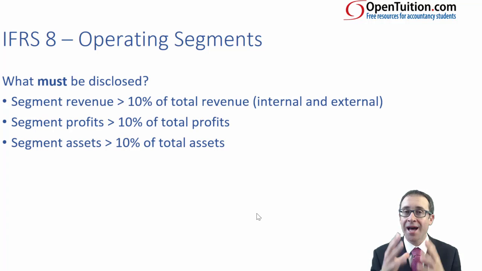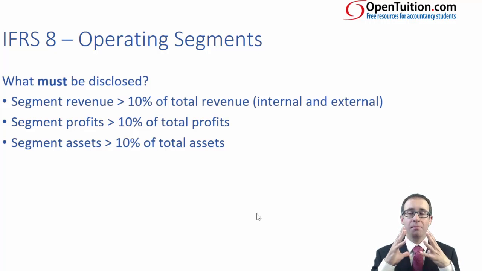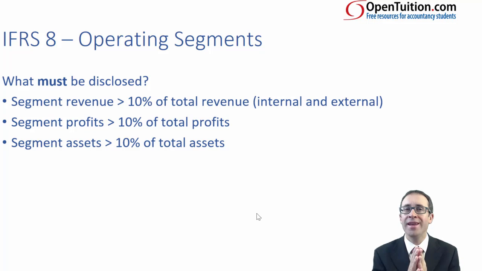If the segment assets are greater than 10% of the total group assets, then it is deemed large enough and must be disclosed. Having gone through each of those 10% tests, you now know the operating segments that must be disclosed. Okay, so you will have narrowed it down from 100 or so, maybe down to say 4, 5, or 6. They must be disclosed.